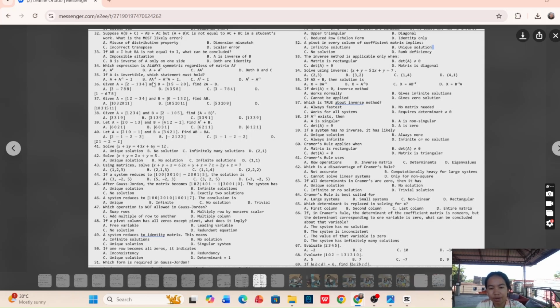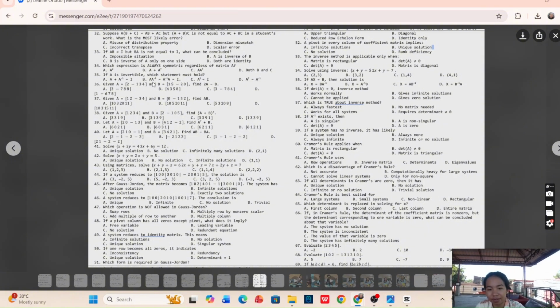Number 60 question. Cramer's rule applies when A matrix is rectangular, B that determinant of A is not 0, C that determinant of A is 0, D matrix is triangular. The correct answer for number 60 is letter B. Cramer's rule applies only when the determinant is not zero.